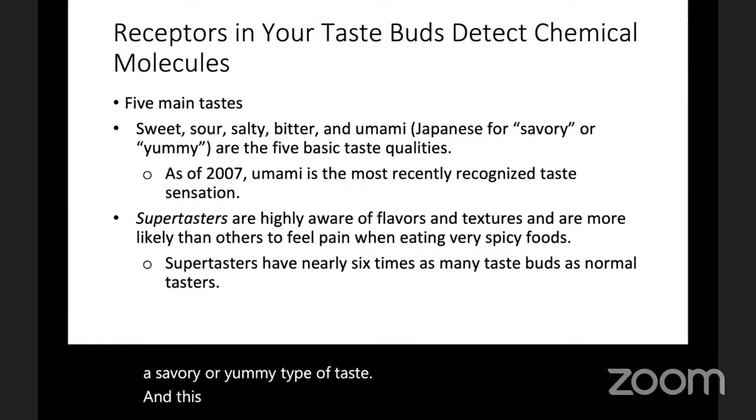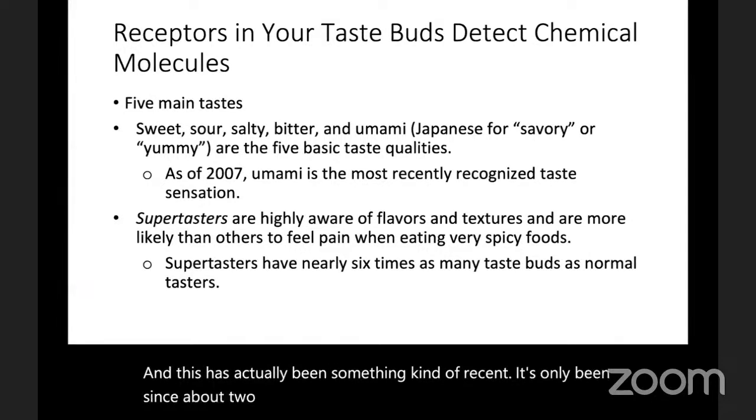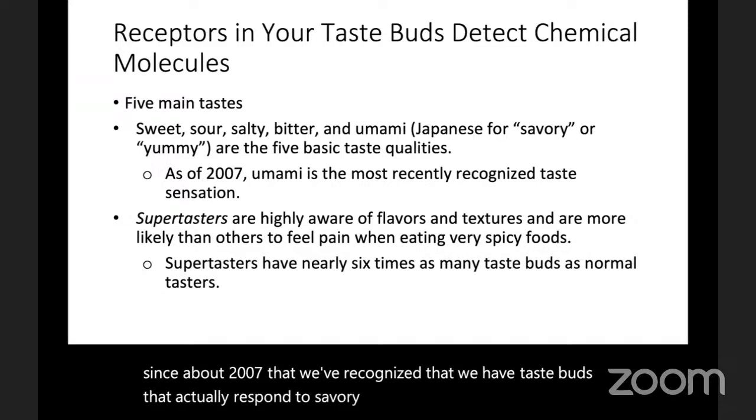This has actually been something kind of recent. It's only been since about 2007 that we've recognized that we have taste buds that actually respond to savory types of food.